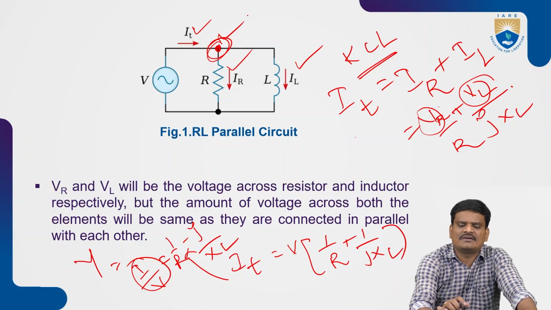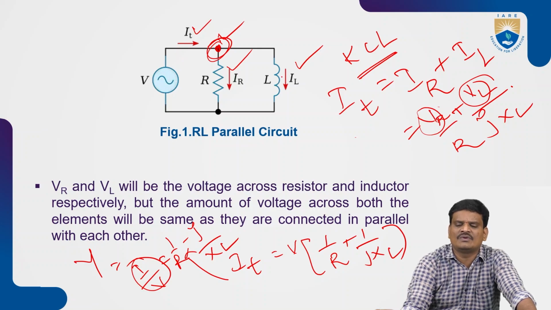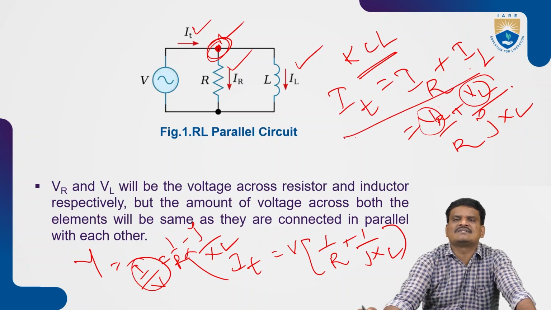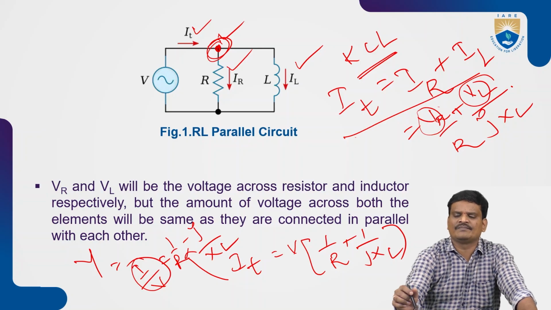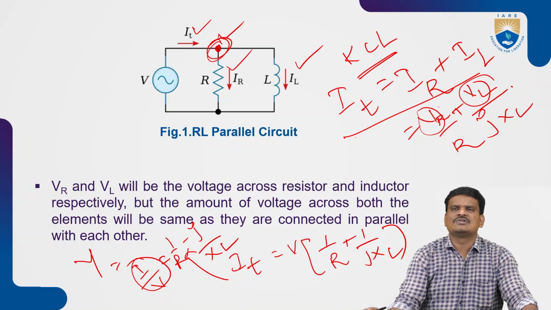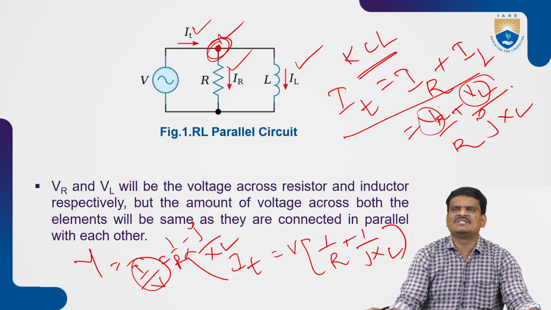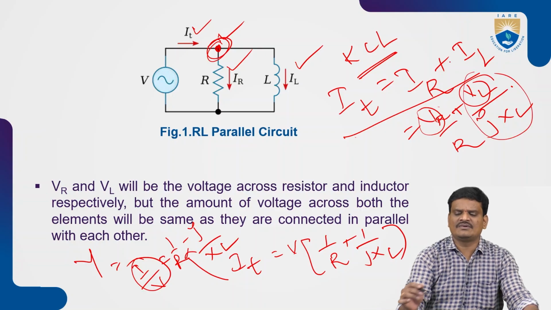So first, in order to calculate the admittance, I used the expression from applying KCL: the sum of the currents entering equals the sum of the currents leaving the same node. By that I got IT equal to IR plus IL. I know IR is VR by R, and IL is VL by J into XL.